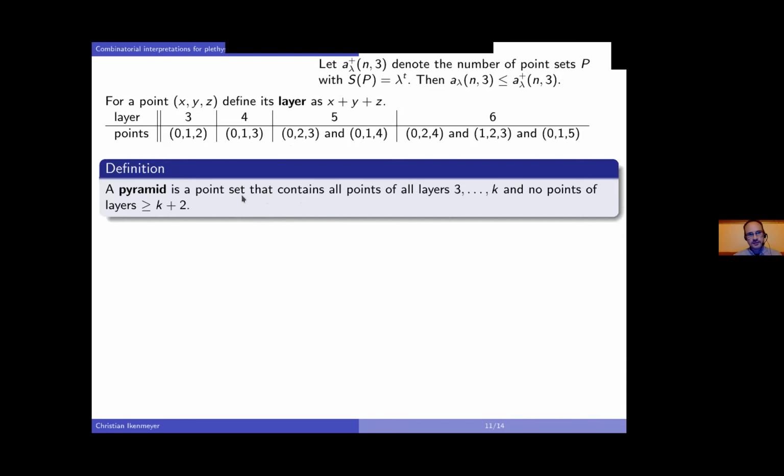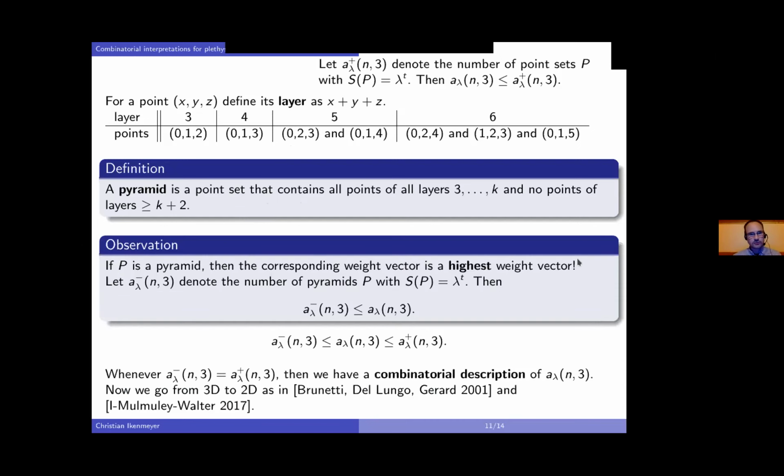And the interesting thing, which is not very difficult to prove, is that if you have a pyramid as your point set, then the corresponding weight vector is a highest weight vector. So all these pyramids give you highest weight vectors, and they are all linearly independent because all the basis vectors were linearly independent. Therefore, you get exactly a minus, the number of pyramids, as a lower bound.